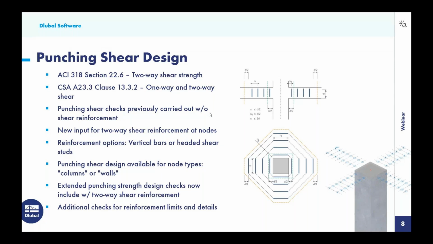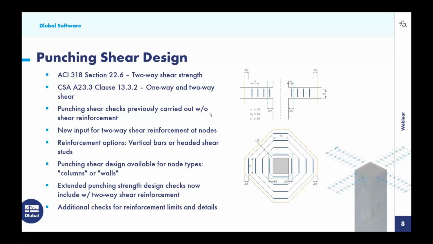So the wall ends can also be considered for punching shear. What we'll see now in our design check details within the concrete design add-on is that we have extended the punching strength design checks, that not only are we going to calculate without the shear reinforcement, but we'll see the additional calculation now if we define that reinforcement with the reinforcement considered directly.